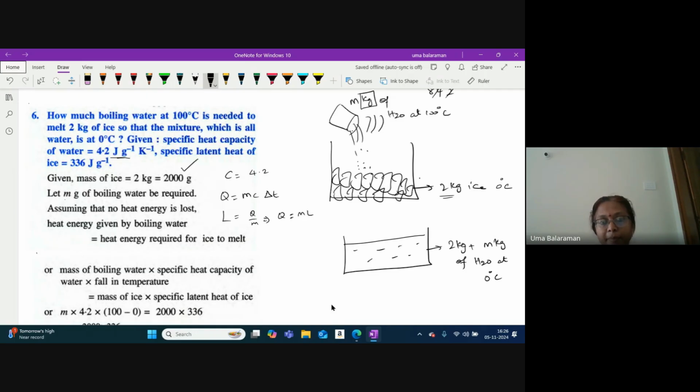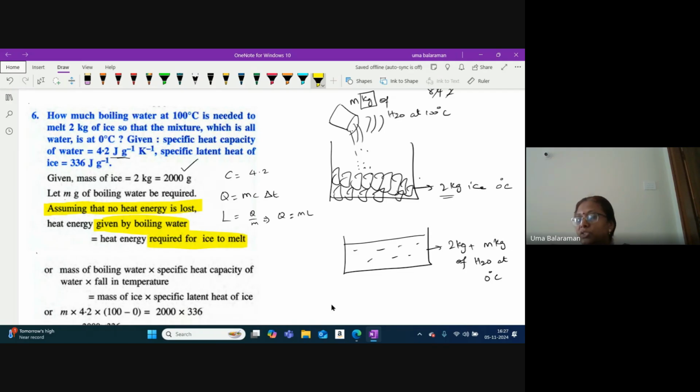Let m grams of boiling water be added. Assuming that there is no loss of heat energy, the heat energy given by the boiling water is equal to the heat energy required for the ice to melt.